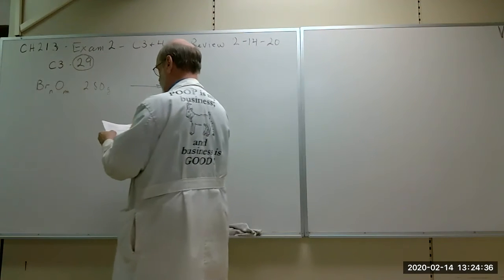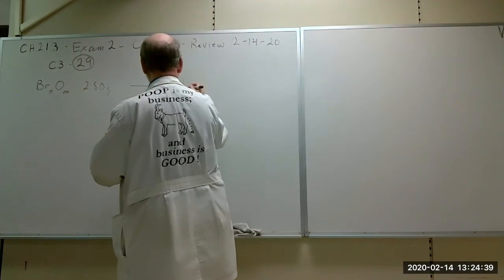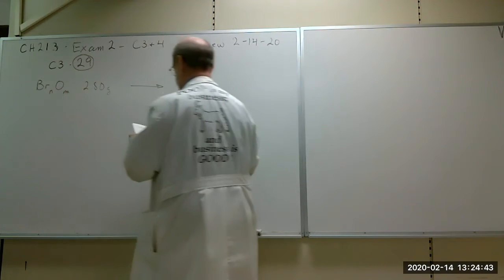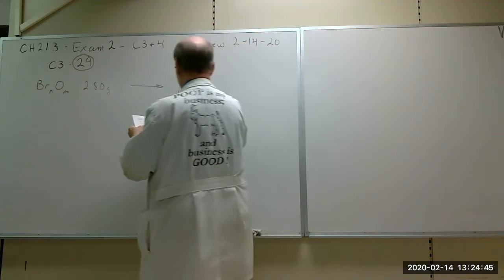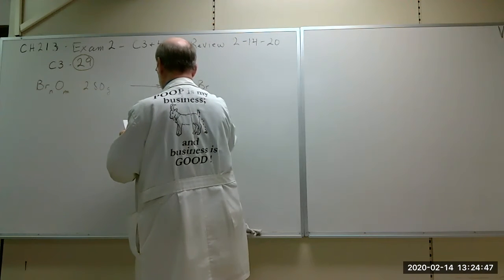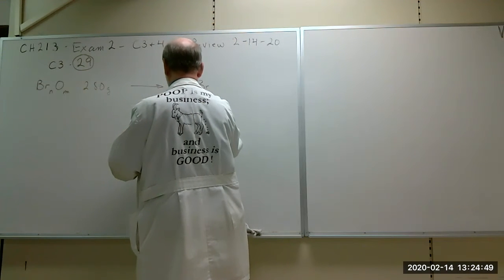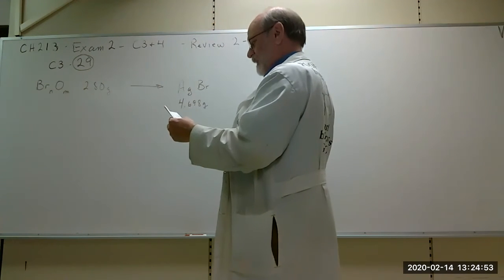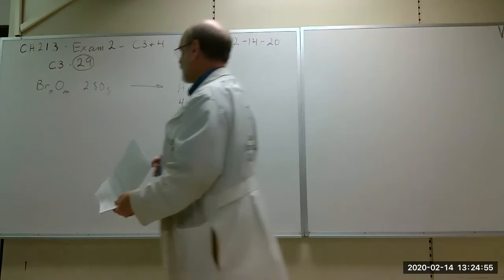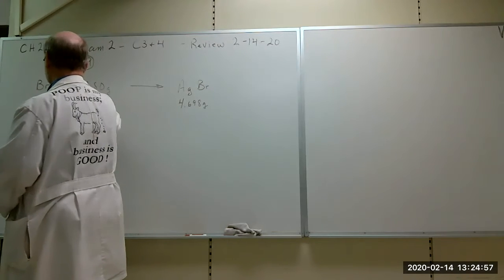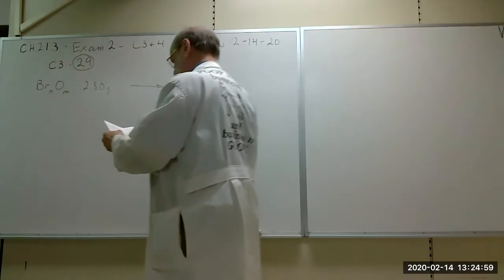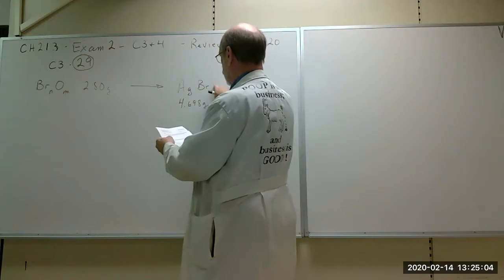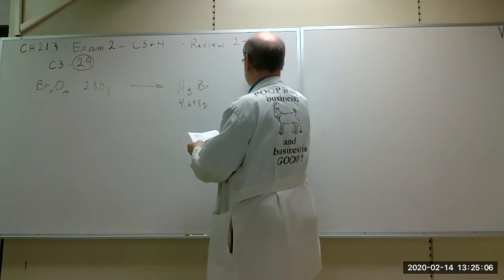We don't know what the reaction is, but we're going to make it into silver bromide, and when we do that, we get 4.698 grams. What we want to know is the empirical formula here. What is N? What is M? And we're given the molar mass of this one just in case we need it.